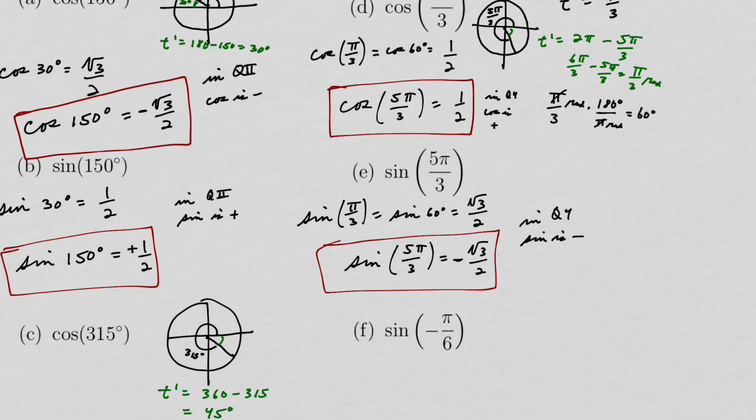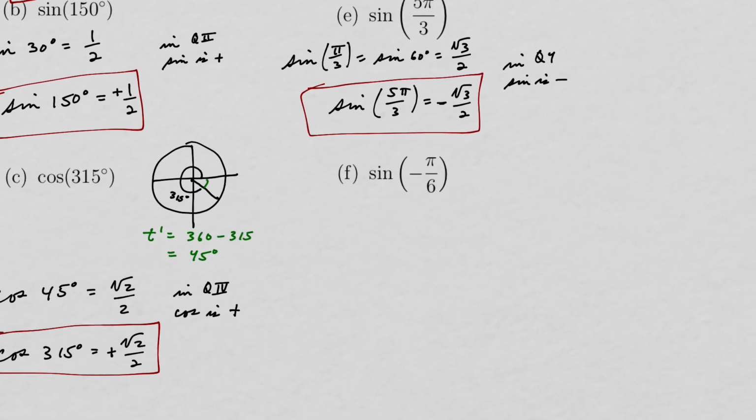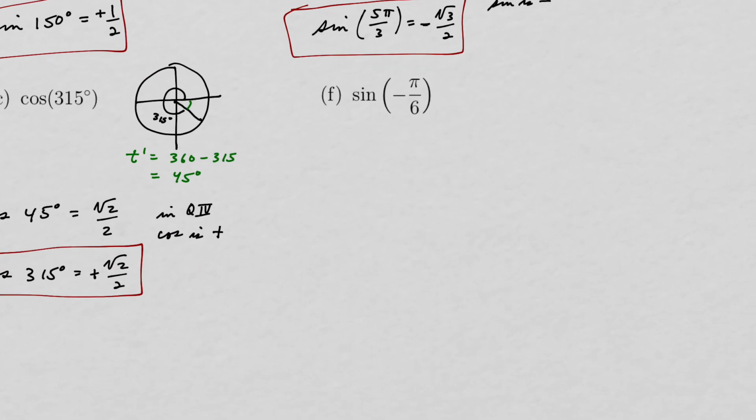Okay, so one more example here. In this case, sometimes you have to think about how to get the actual reference angle, right? In this case, we want sine of negative pi over 6. Well, remember, negative means to rotate clockwise.